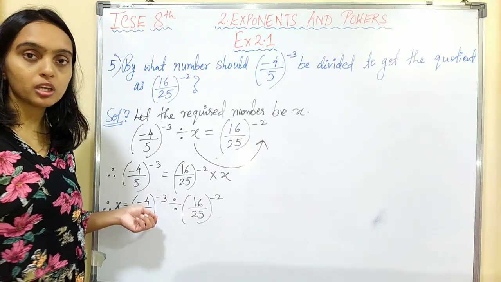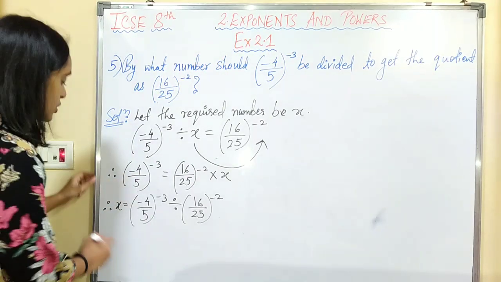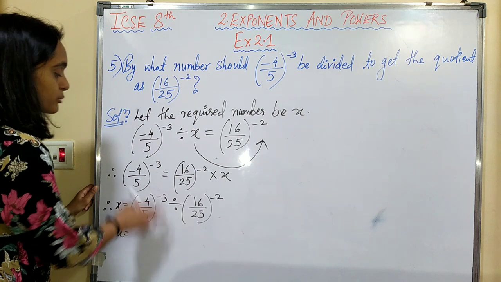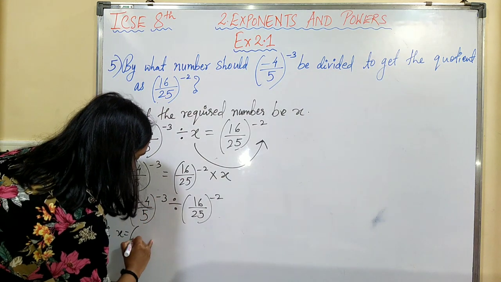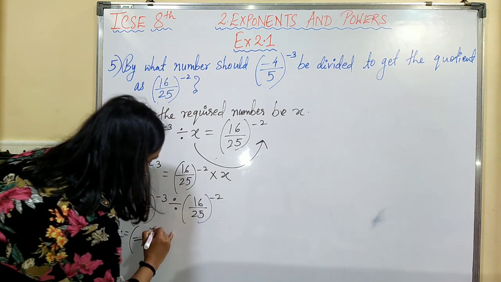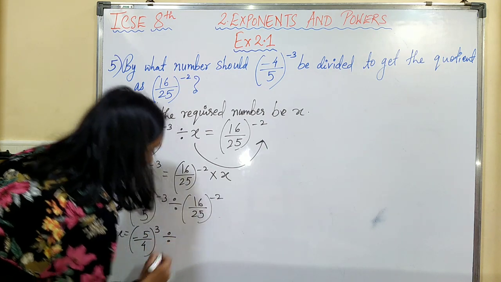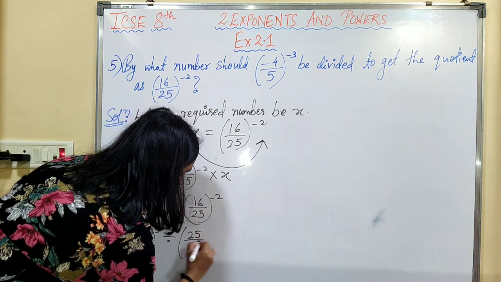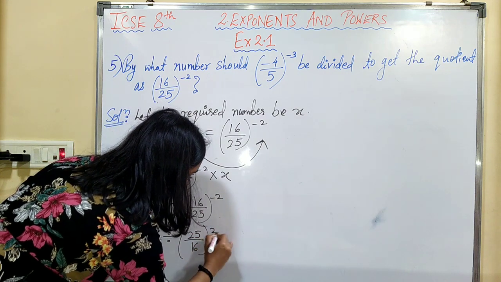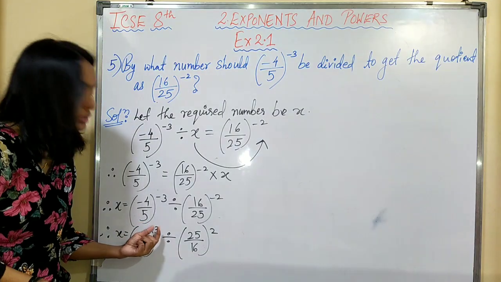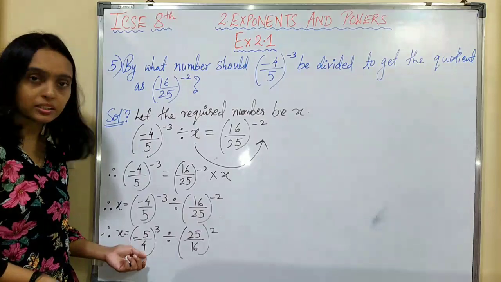Now first we will use the law of negative exponent here. So therefore you will get x equals the reciprocal of this. So it will become minus 5 upon 4 raised to 3 divided by the reciprocal of this, so it will be 25 upon 16 raised to 2. Now here we will use that law to separate the power to both the numerator and denominator.